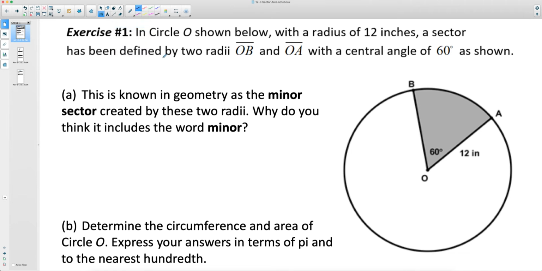It's a minor sector because it's the smaller of the two. Going around all the way this way would be your major sector. The shaded region is the smaller one, so we call that the minor one, just like we did major and minor arcs a couple units ago.